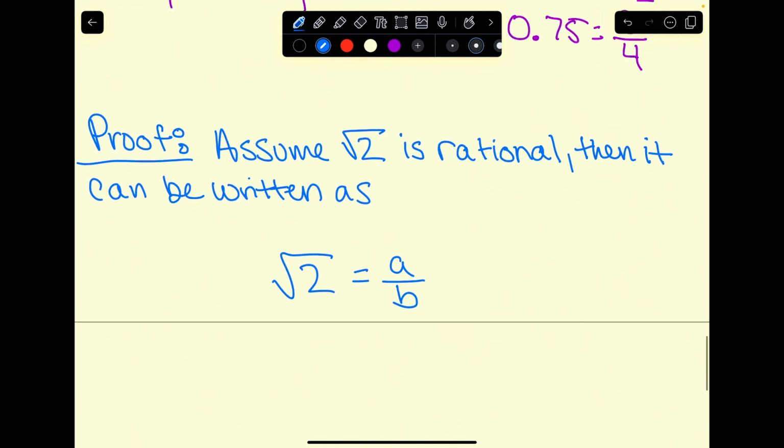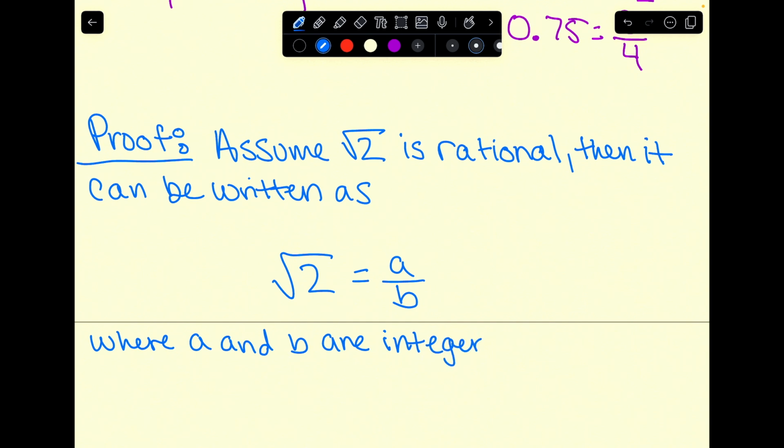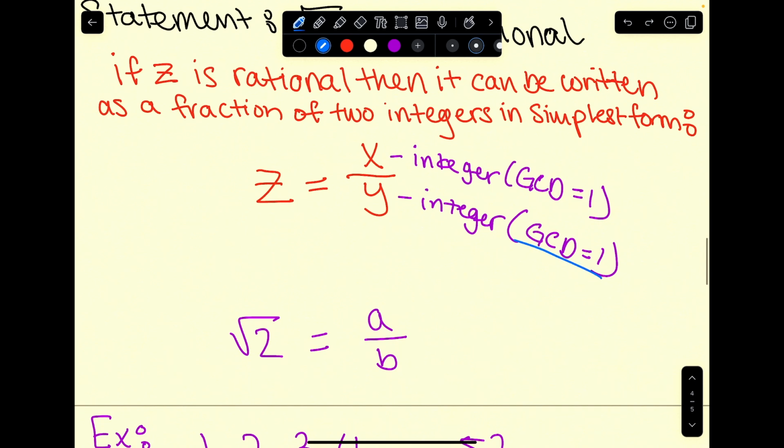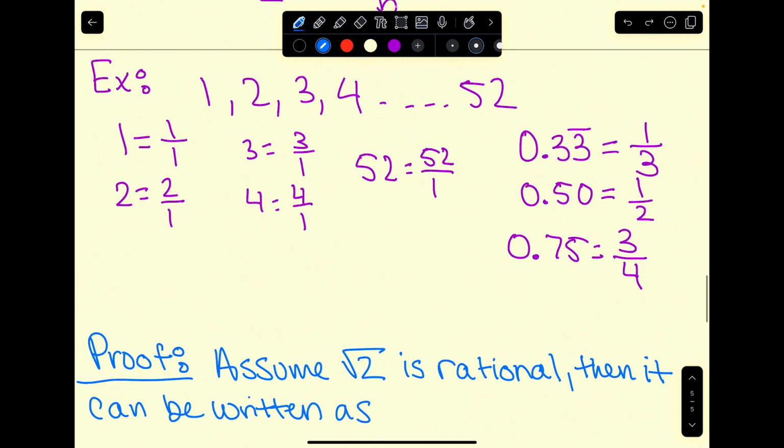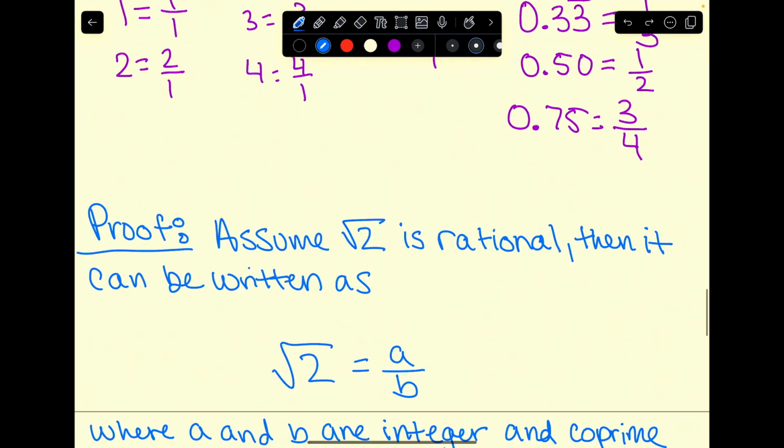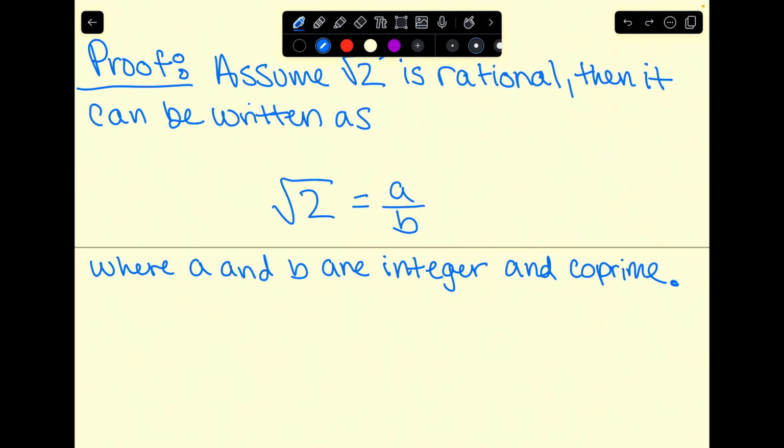And what do we say about a and b? Where a and b are integers and coprime integers. Coprime is just a fancy word for saying that their GCD is 1. You can't divide them by anything other than 1 to simplify them further. So coprime is what that means.